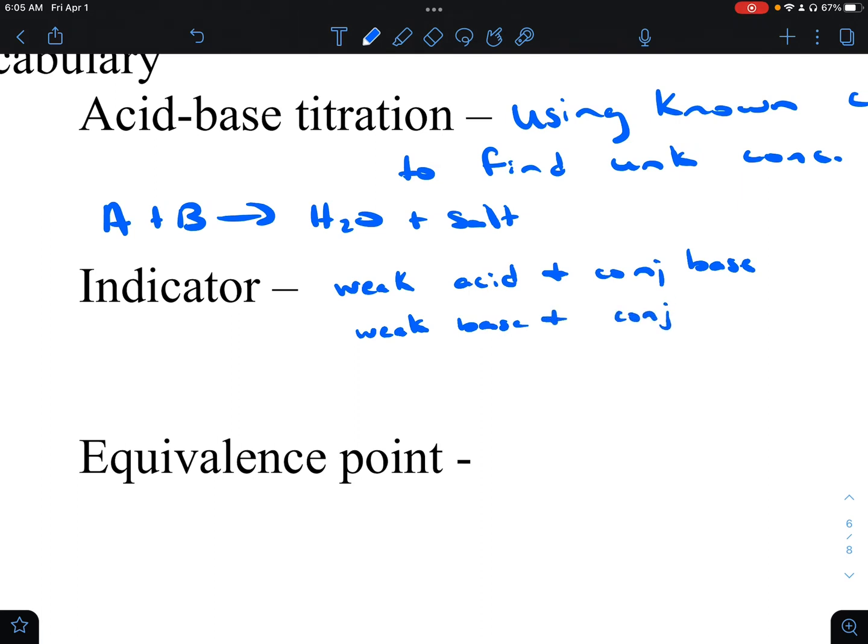And what happens there is they are different colors. So each of these is a different color than the other one. And so when we reach a majority, they'll flip colors, and then we know when a pH change has occurred. And usually it's a great pH change. We'll kind of see that in a couple of seconds.